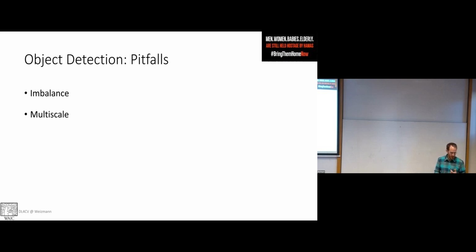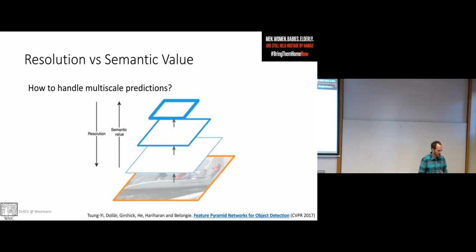Another thing is multi-scale. So we want to detect different scales of objects, and these scales can vary significantly. When we process images in a convolutional neural network, we have a trade-off between the resolution of the feature space and the semantic information it contains. Very early on, we have a very high resolution of the feature space because we didn't stride very much, but the receptive field here is relatively small.